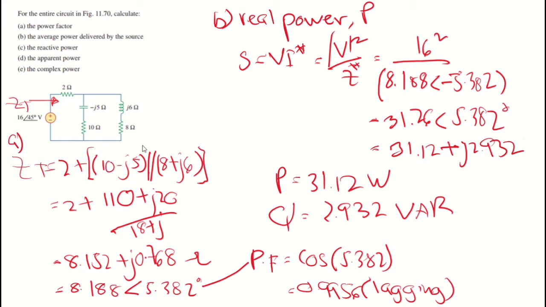So now you have already answered the question for C, the reactive power. Q is the reactive power, while P is the real power. Then we need to find the apparent power. The apparent power is basically the magnitude of the complex power.